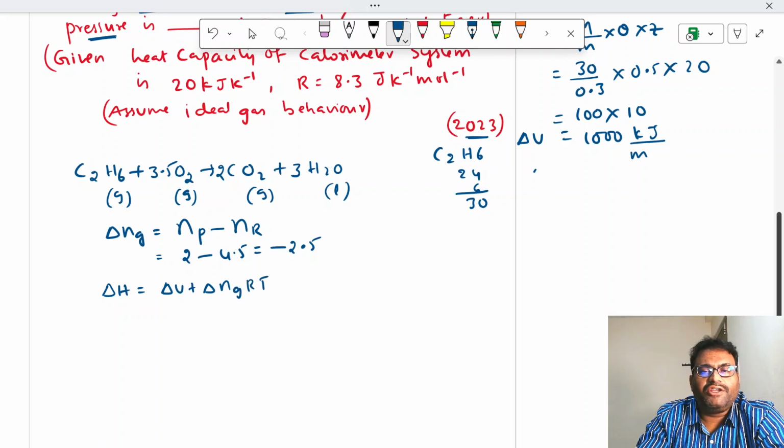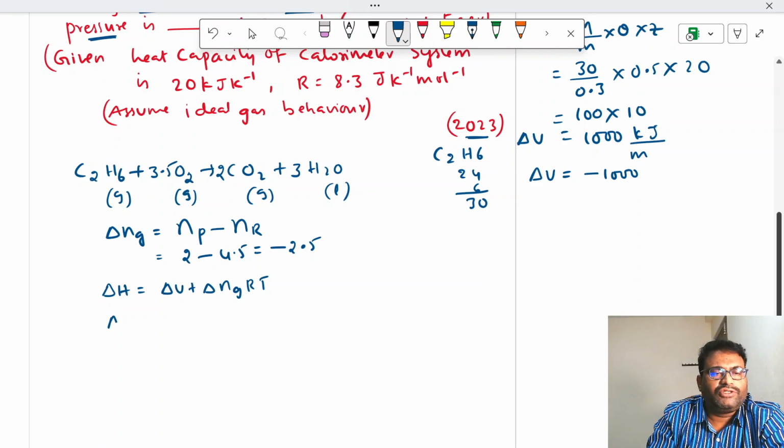Here delta U, as it is an exothermic reaction and energy is released, you have to mention it as minus. So delta H is equal to delta U, which we have calculated as minus 1000. Why did we write minus?